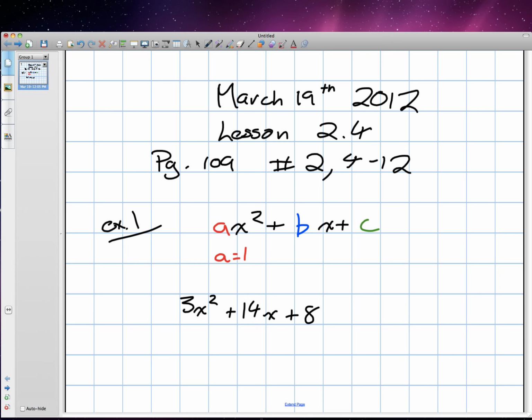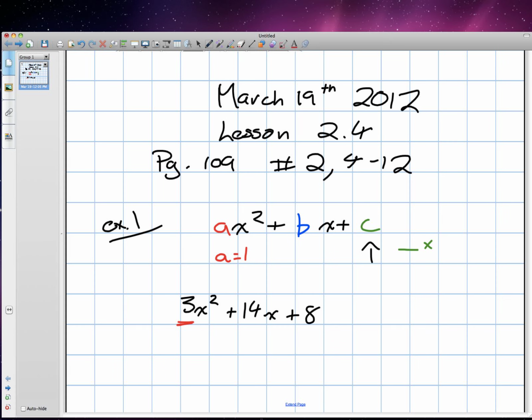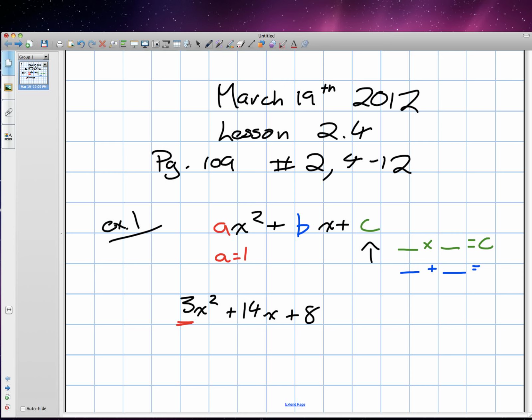What we're going to focus on today is when a is not 1. And remember, when a was 1, there was a shortcut. You could find two numbers that multiplied to c, and those same two numbers needed to add to whatever b was. And you could have found your factors that way. That is not going to work the same for this.